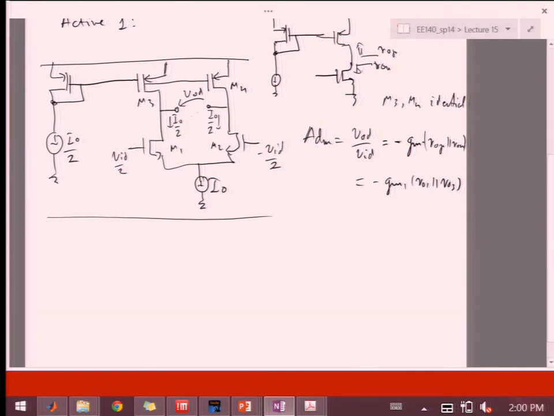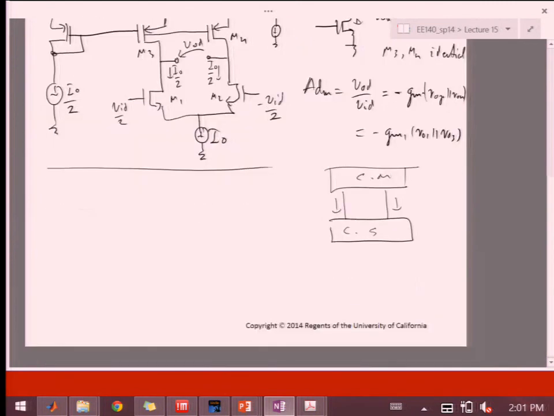What did we use in the top over here? We said at the bottom was a source, and at the top was what? We drew these two boxes, like there was a current source, and then there was something here, and there were currents going like this. Current mirror, right? Okay, so same thing here.